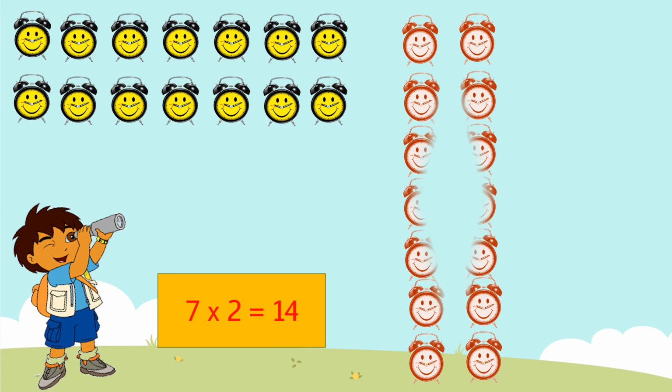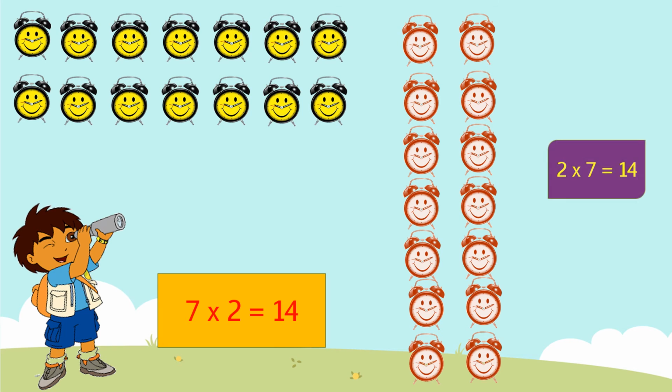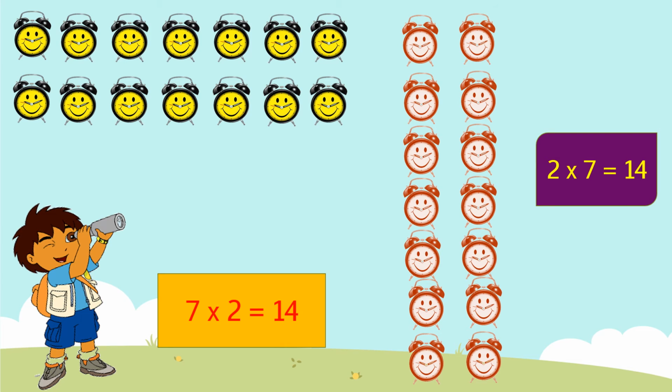So if we take 2 multiplied by 7, that also gives you 14. This was the commutative property of multiplication. That is, whenever the numbers are interchanged, the product remains the same. That means the multiplicand and the multiplier, when they are interchanged, the product is the same.